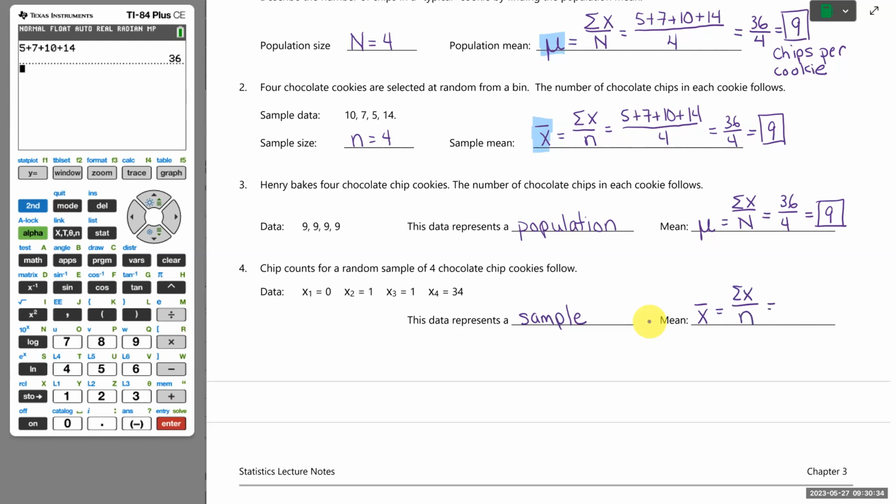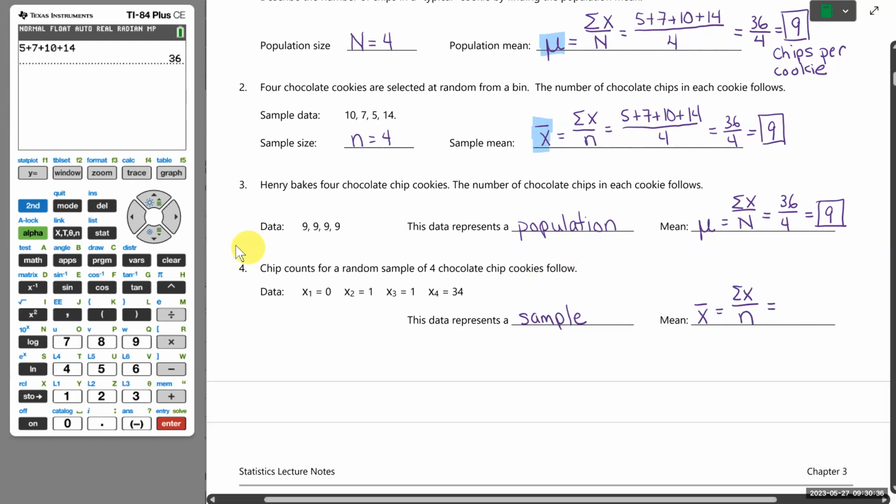Now, the reason for this example is I did want to show you that we're being a little bit casual with our notation. So each one of the cookies we could indicate using subscript notation to say the first cookie, the second cookie, the third cookie, and the fourth cookie. So those subscripts 1, 2, 3, 4 indicating each. But we tend to just, again, be very casual and just use X without putting the subscripts.